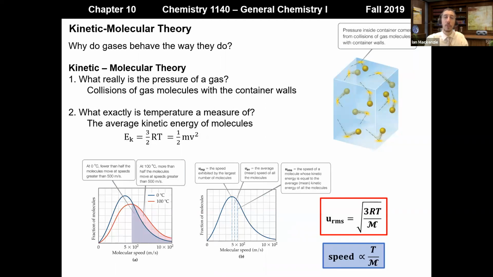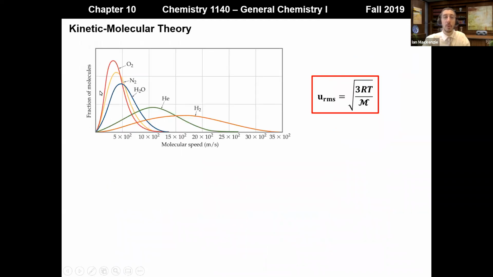I'm going to sort of show this in this next picture here. So this is a case where the temperature is constant, and we just are looking at multiple different gas samples. And what we'll notice is that the speed, the average speed, is the greatest for hydrogen and the least for oxygen.